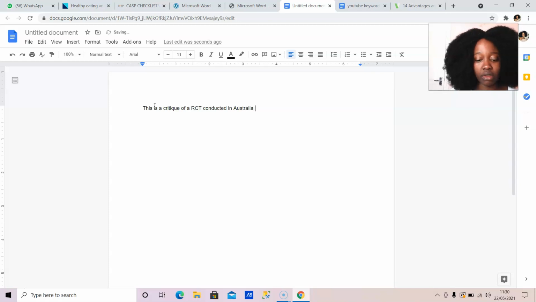by, so I quote the authors. I put my citation there. Costeris et al. 2010, on healthy eating and obesity prevention among preschoolers.